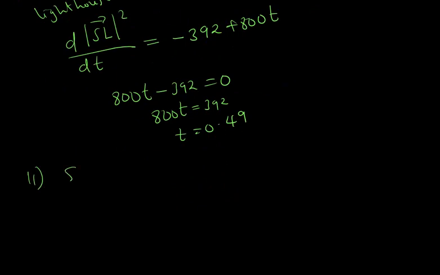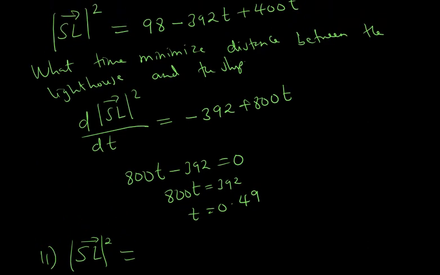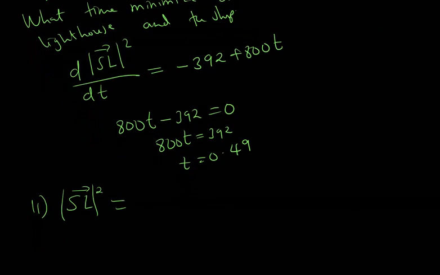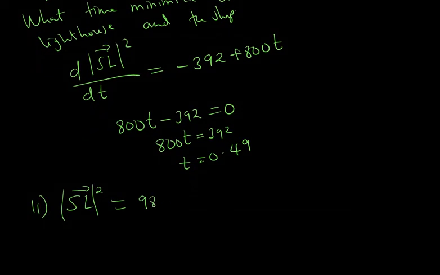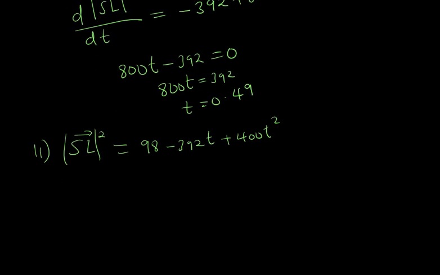So we know SL squared, this distance squared, is given by 98 minus 392t, then plus 400t squared. Substituting t in, it's going to give us 98 minus 392 times 0.49, then plus 400 times 0.49 squared.